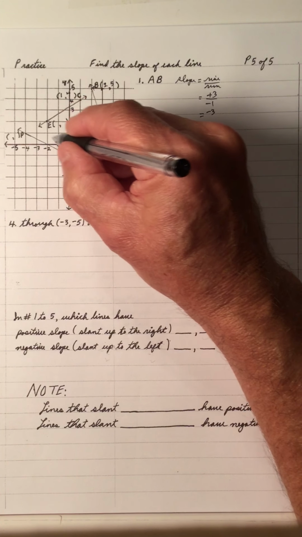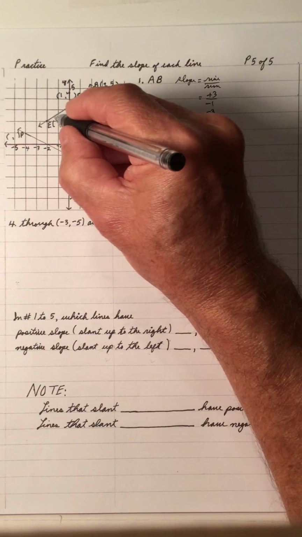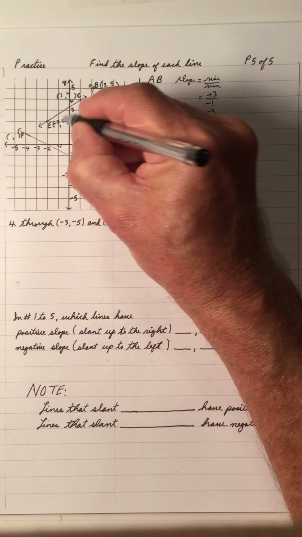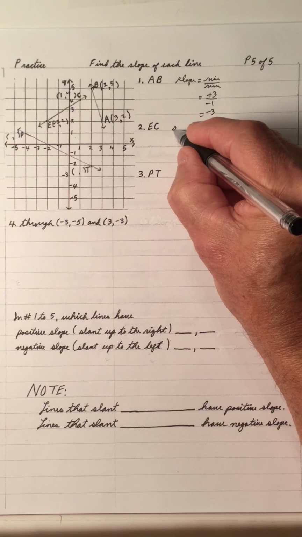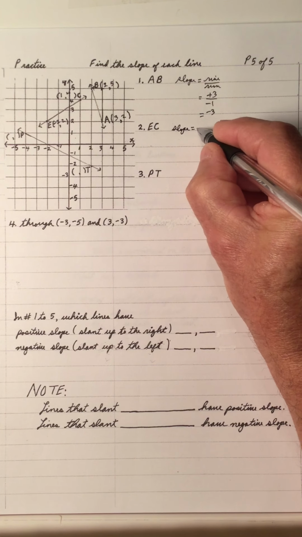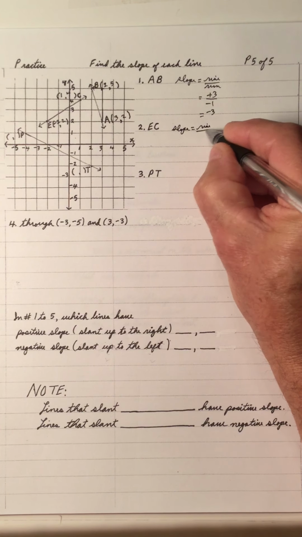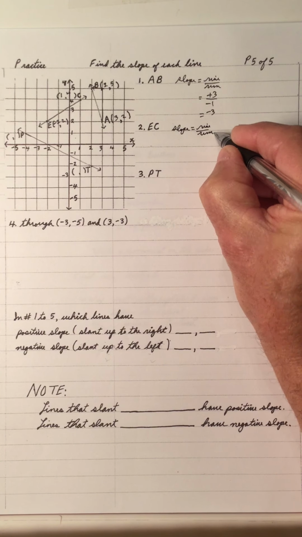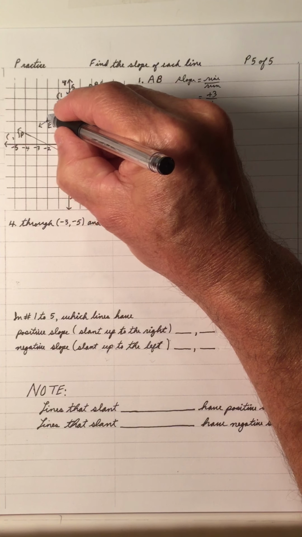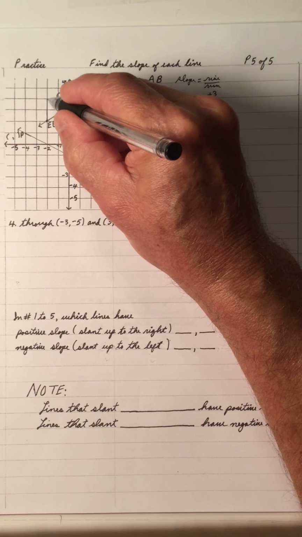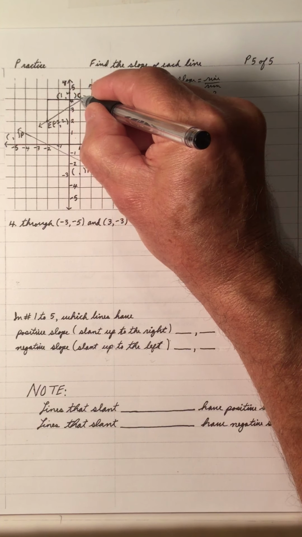And E is (-2, 2). And let's do the slope of CE. The slope of CE is rise over run. And the rise, remember, I'm going to go up and then right.